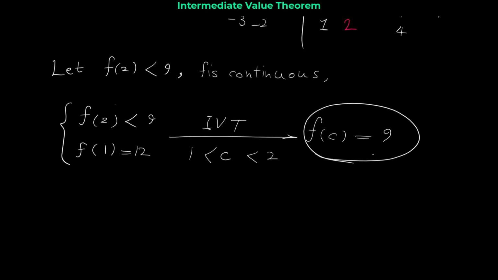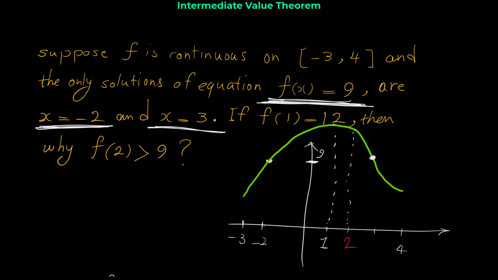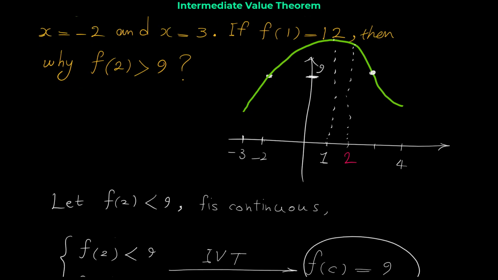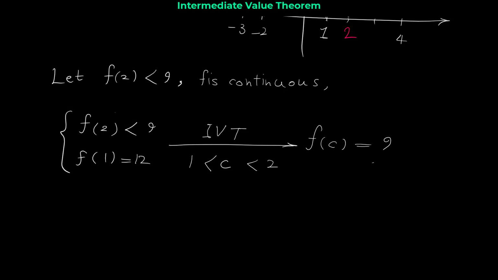But here we have one extra point. We know somewhere between 1 and 2, let's say 1.5, 1.2, f is 9. And this contradicts what we have supposed about f. So what can we conclude? We can conclude that it never happens that f of 2 is less than 9.